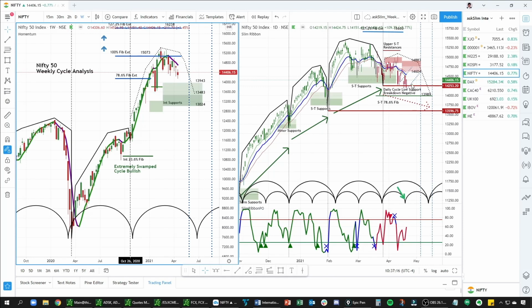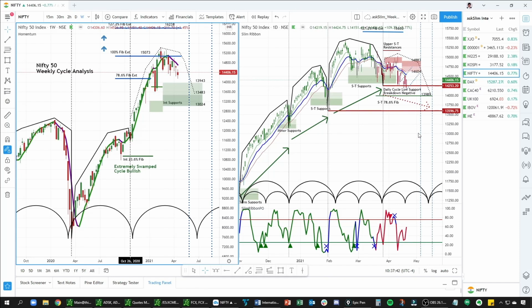So we're looking for a bear flag to form and for this to roll back down on the downside. Now on the upside, we are looking for the Nifty to test this 14,604 to 14,883 zone. That's really where we would look for this to fail and then roll back down. Also note that our slim ribbon is now configured negatively, as you can see here.